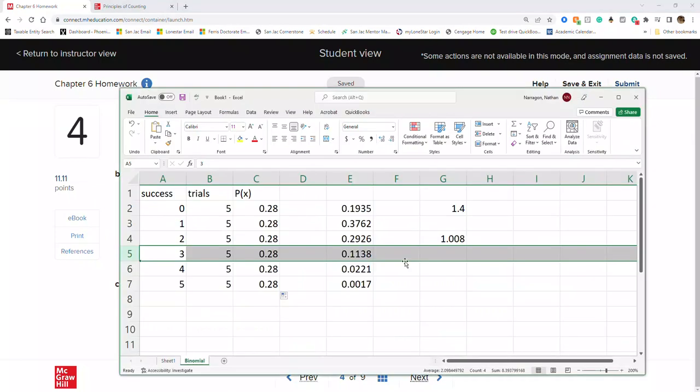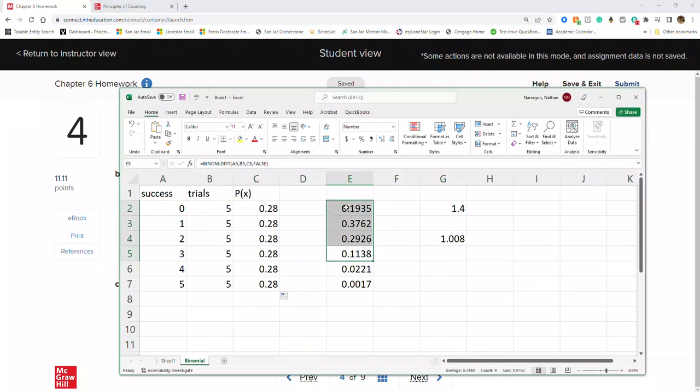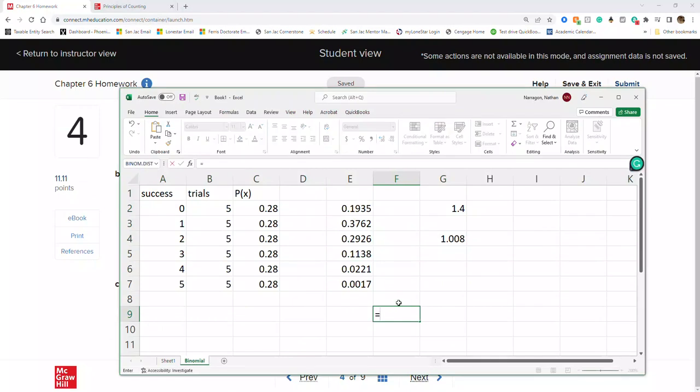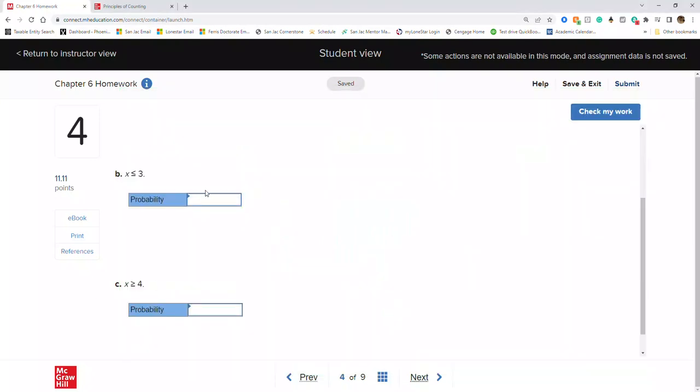So we have to do a sum. Basically we're going to sum these items, equal to the sum of 0 to 3: 0.9762.